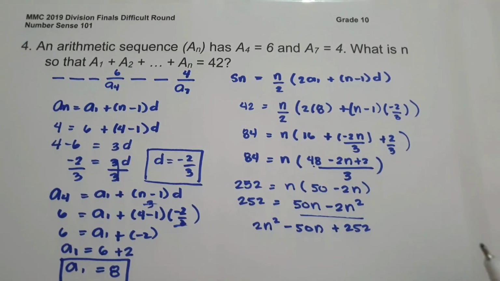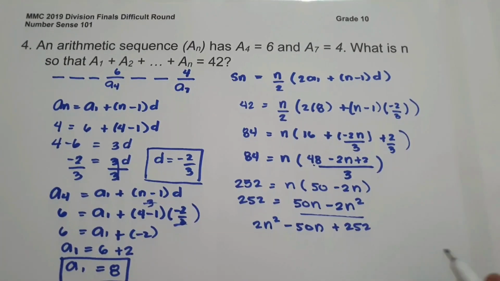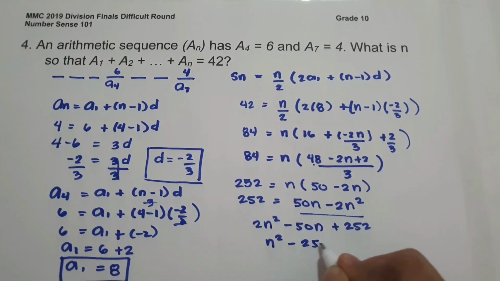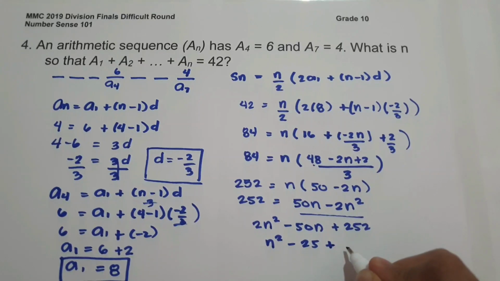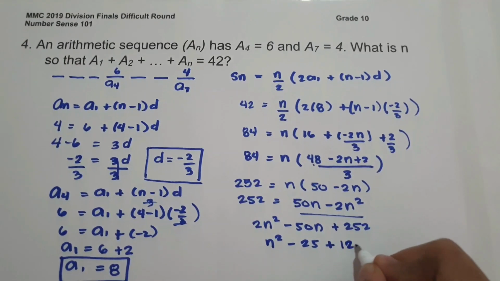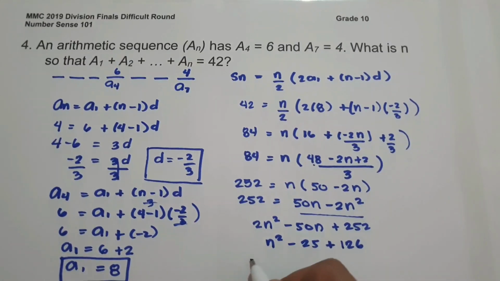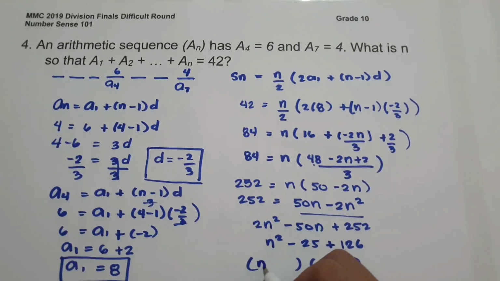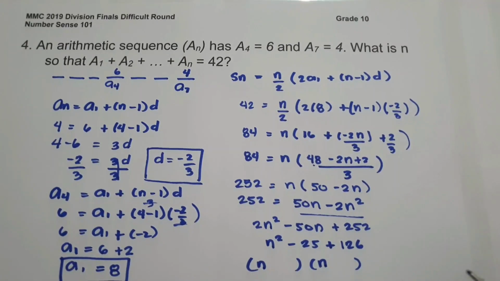And then let us simplify the equation because they are divisible by 2. So this will be n squared minus 25n plus 126. So let us factor this one. So the factors of n squared are n and n. And what are the two numbers? If we multiply, we get 126, and if we add, we get negative 25.